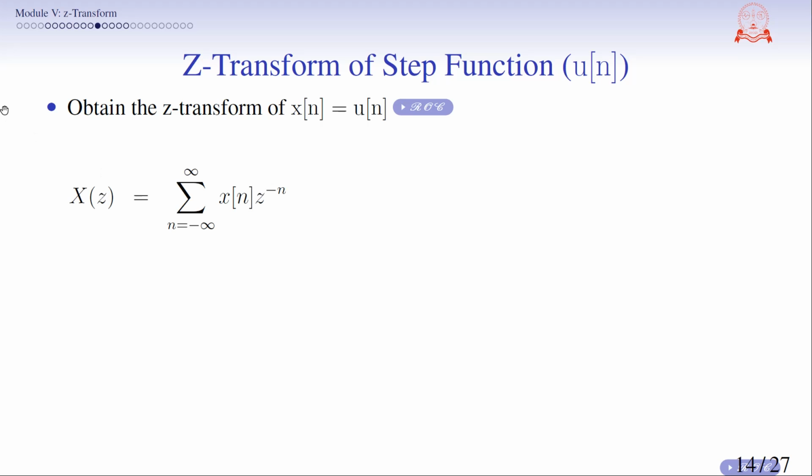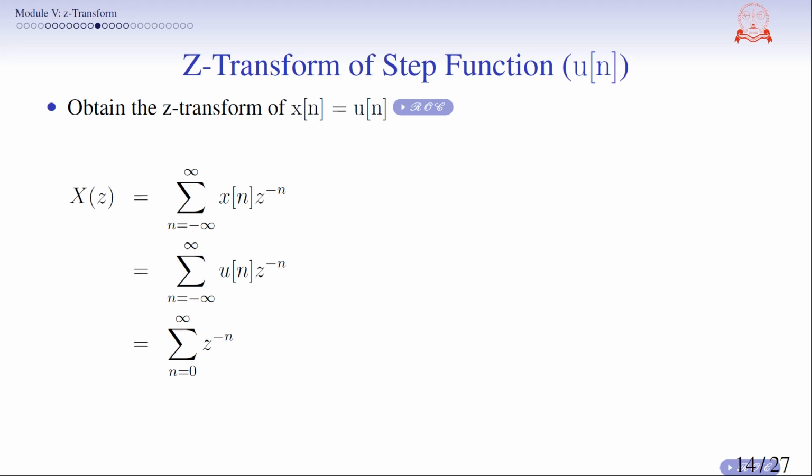The general expression for the Z transform is summation n equal to minus infinity to plus infinity x(n) z raised to minus n. That is summation of u(n) z raised to minus n. As we all know, u(n) is a step function and it varies in the range 0 to infinity, having the value always equal to 1.